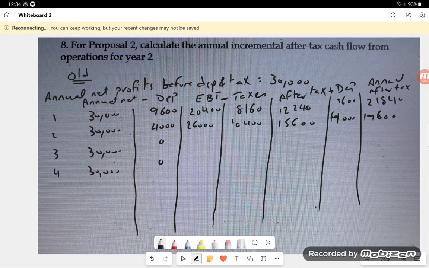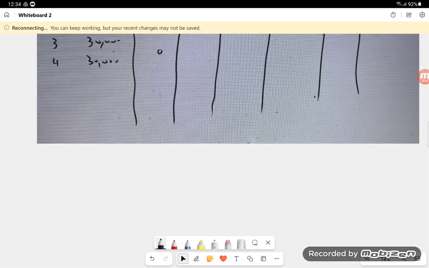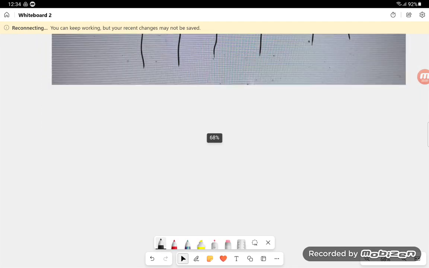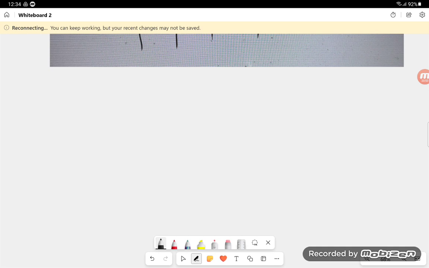This is for the old one. We have to do the same operation exactly for the new assets. So it will be $200,000 minus the depreciation, which is 40,000 for the first year, and then multiplied by the tax rate.